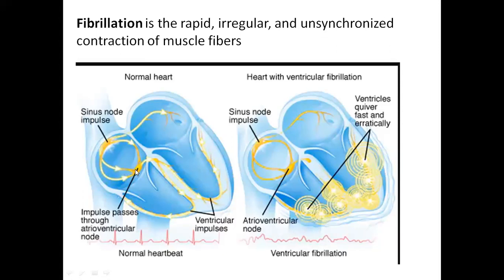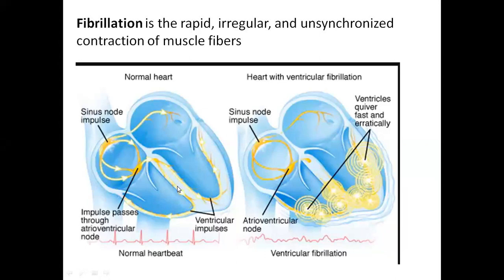From the atria, the sinus node impulses are transferred to the atrioventricular node, the AV node, and from this the pulses are transferred to the ventricles. The yellow color indicates the impulses travelling to the right ventricle and left ventricle.